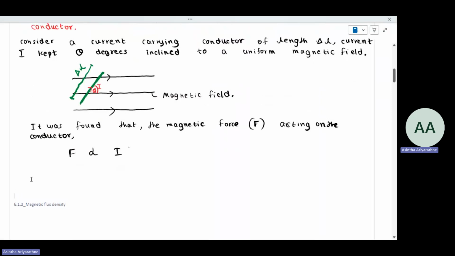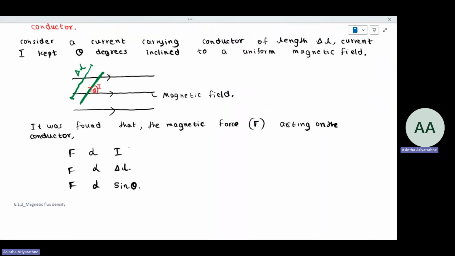the strength of the magnetic force would be higher, as well as the length, delta L. If the conductor is lengthier, the magnetic force applied on the conductor would also be higher. And the third one is the sine value of the angle.